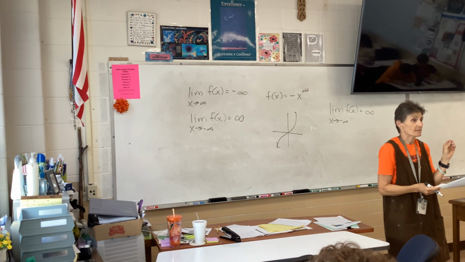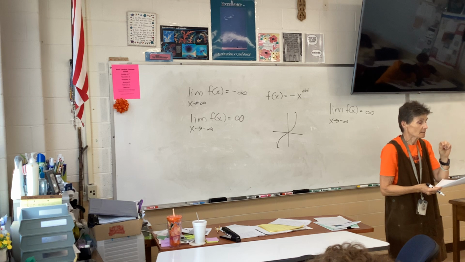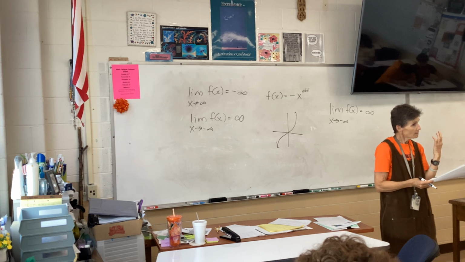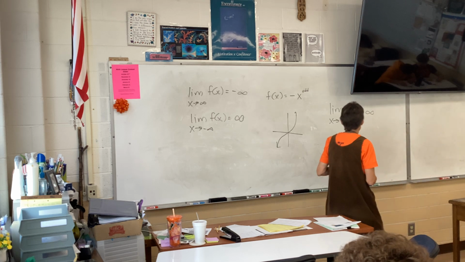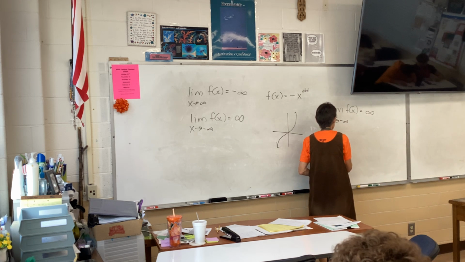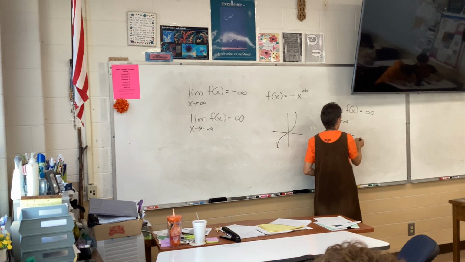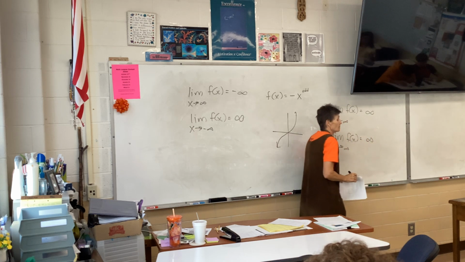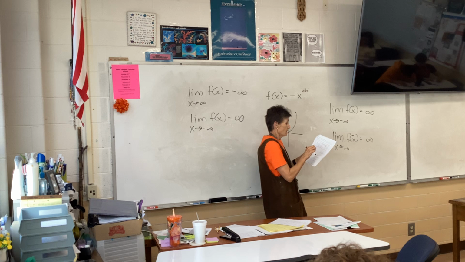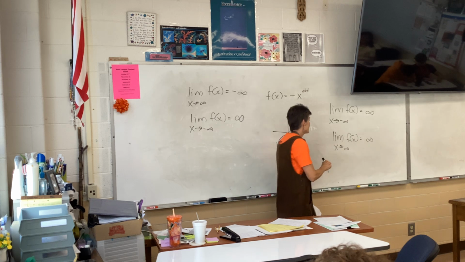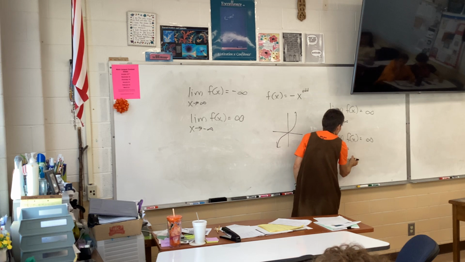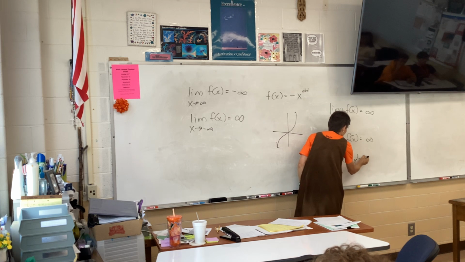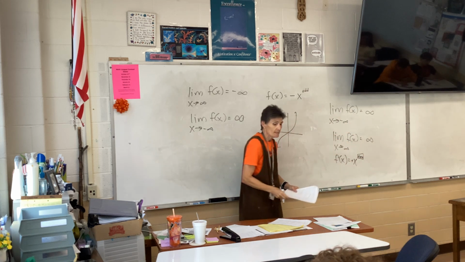As x increases, y increases. So as x goes to the right, we're still going up. Picture B describes a classic even degree polynomial with a positive coefficient.